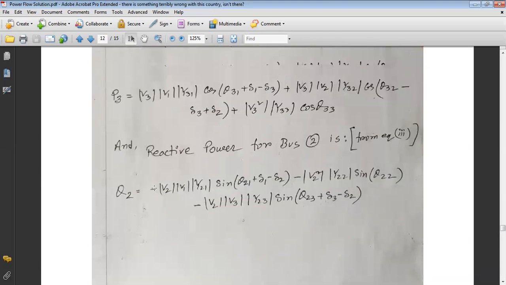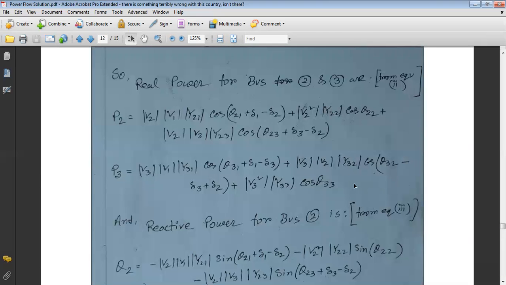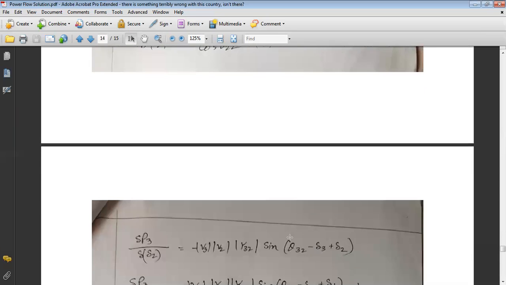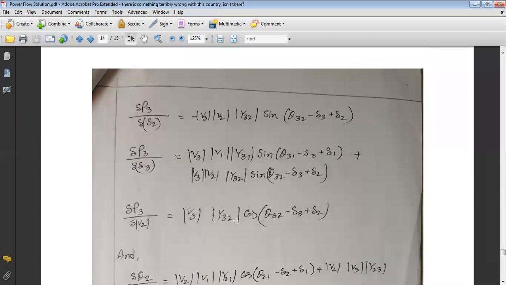This is the equation of P3. If we partially differentiate this by V2, only one V2 is present here, so the first term should be 0 and the third term should again be 0. And the second term is V3 Y23 cos of theta 32 minus del 2 plus del 3, plus del 2. So this is the equation.